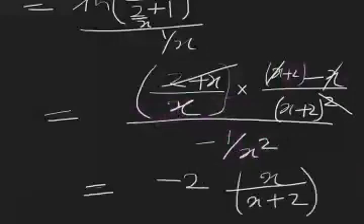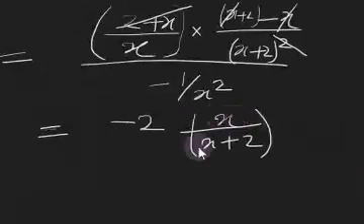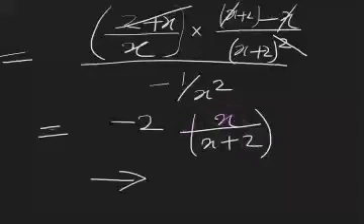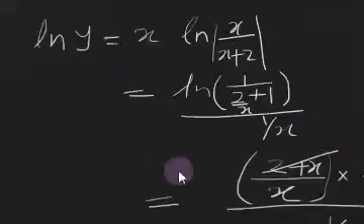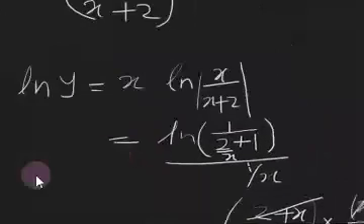As x tends to infinity, what happens to this term? This term goes to 1. Then the limit of this entire term goes to -2 as x tends to infinity. So therefore ln y goes to -2 as x tends to infinity.